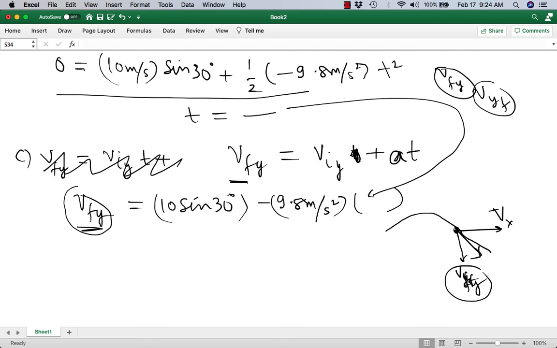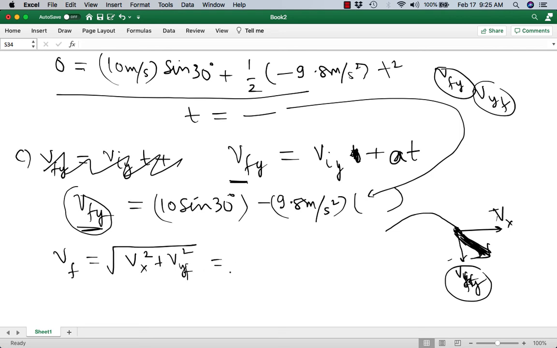So in order to find this total velocity or velocity vector, we need to combine these two. Okay, so how do we combine that? Just like before, use the Pythagorean theorem. So v final would be the square root of x component squared plus y component squared.